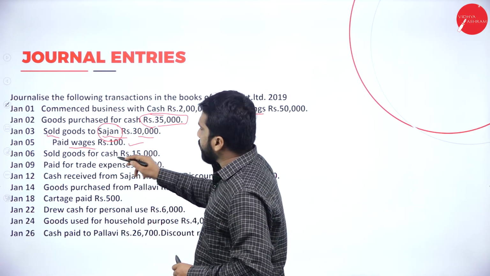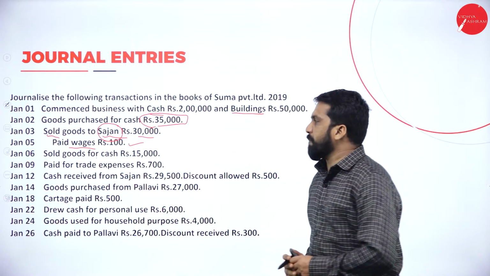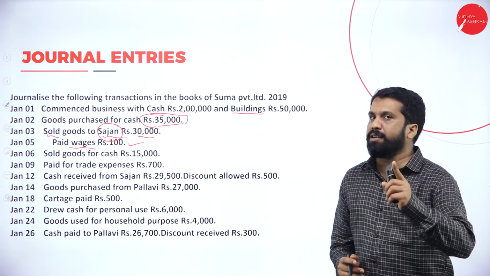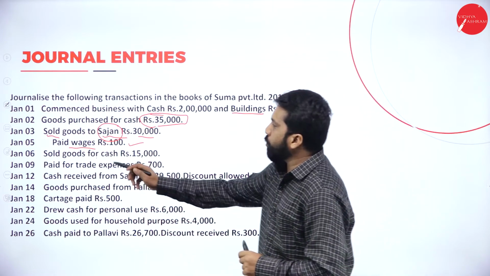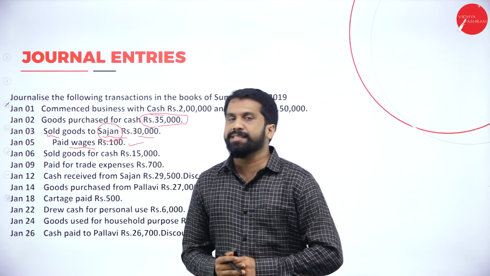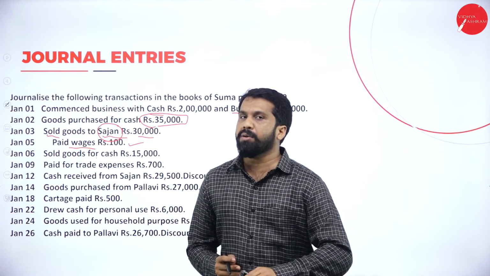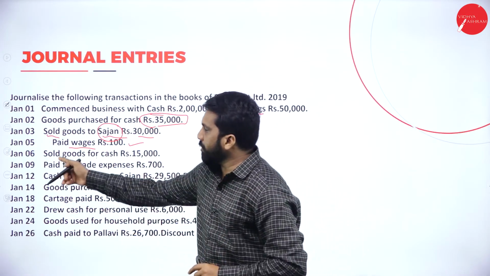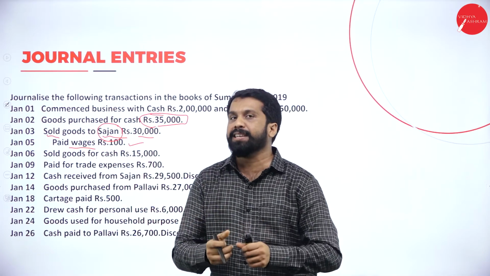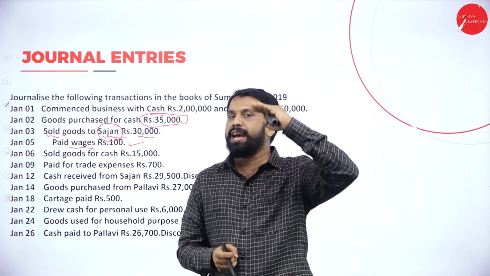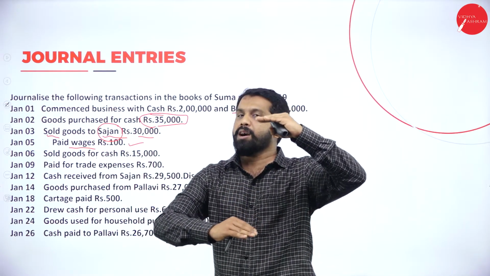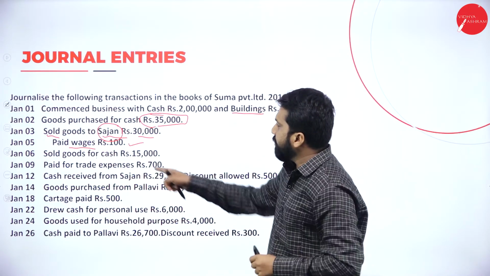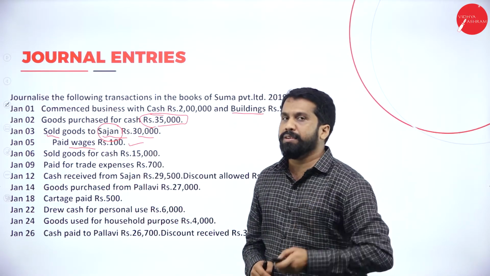Sold goods for cash. Again, the word cash is there, remember, but sold means what? Sales. Sales always what? Down. Simple. Cash account to sales account. Whenever you do sales, you will collect cash. You are collecting cash means cash is up, sales is down. Cash account to sales, 15,000. Hope you understood.